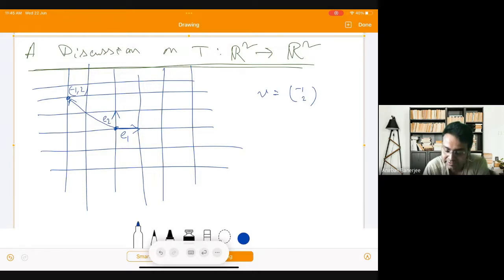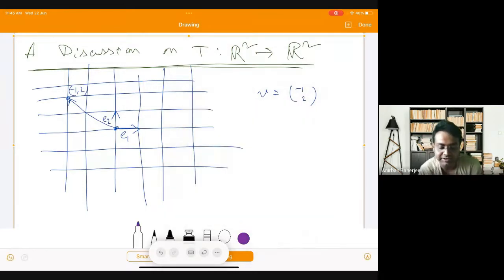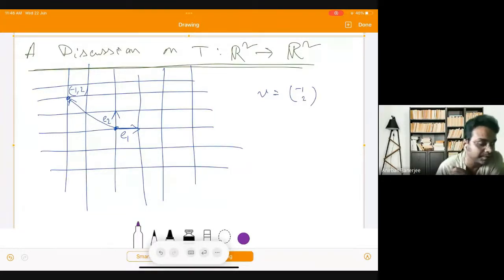Now let's say that we have a linear transformation. After the transformation, I'm just drawing the space on the same grid, but you can imagine the first R2 and the second R2 are different. I'm using different colors, drawing one picture overlapping the other. Let's say that after that, the grid becomes like this.